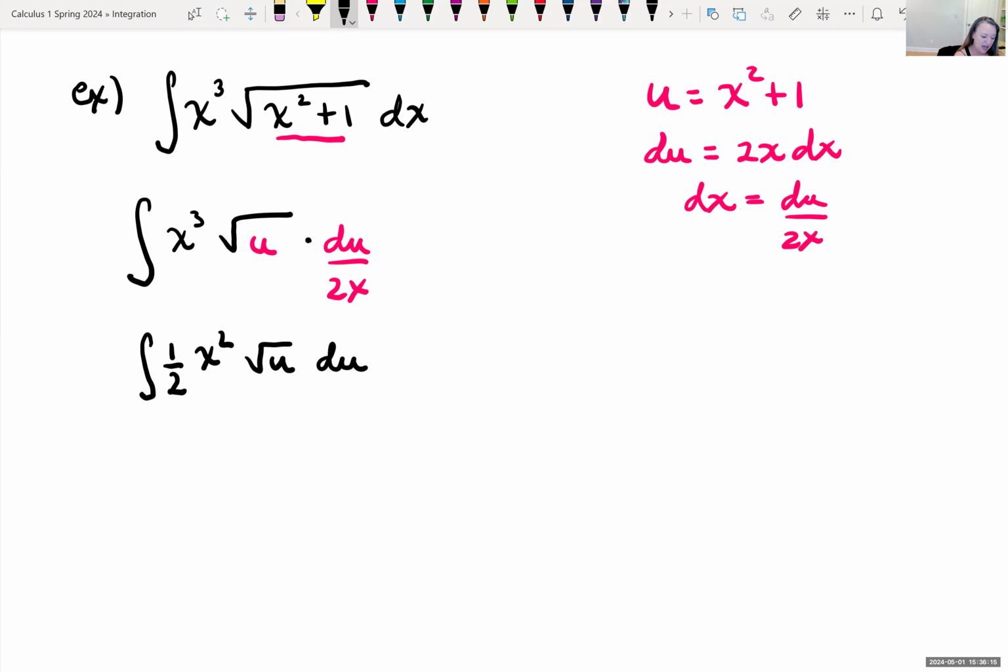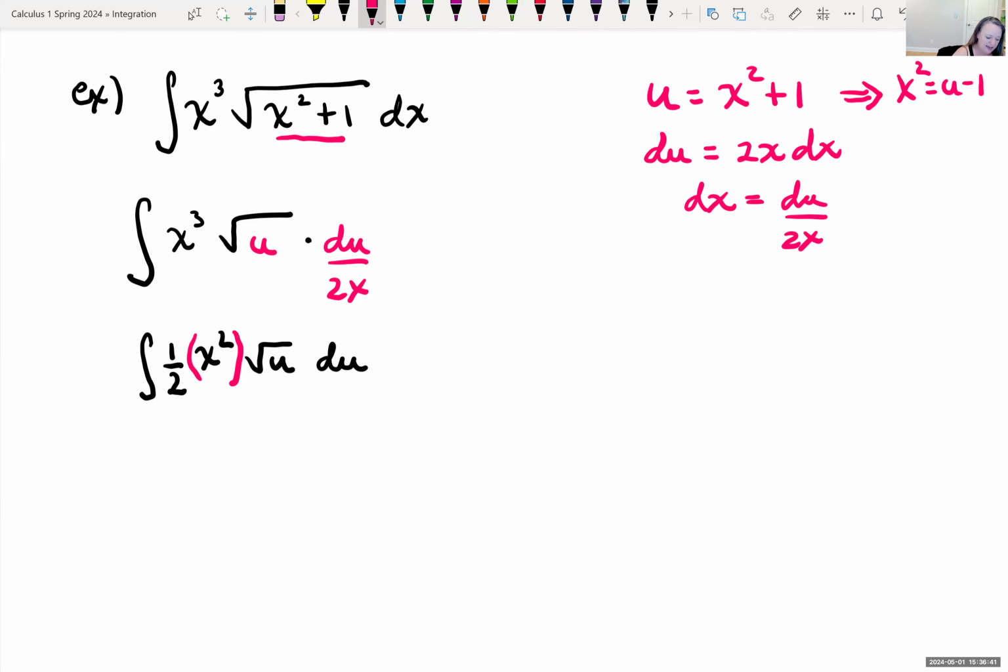So go back up into our substitution and notice that we can solve for x squared in terms of u. We have an x squared in here. Let's just get x squared by itself. We could subtract 1. I know x squared then is equal to u minus 1.